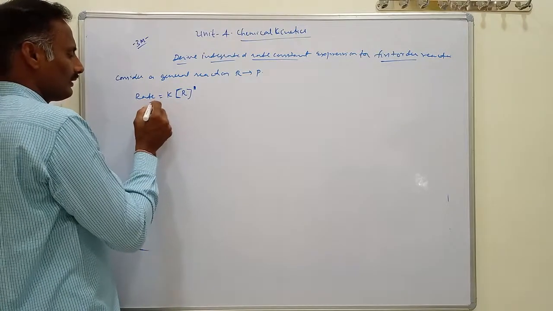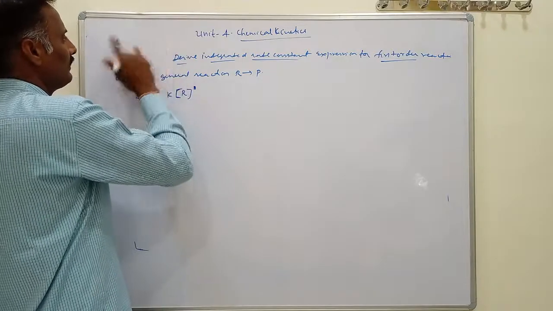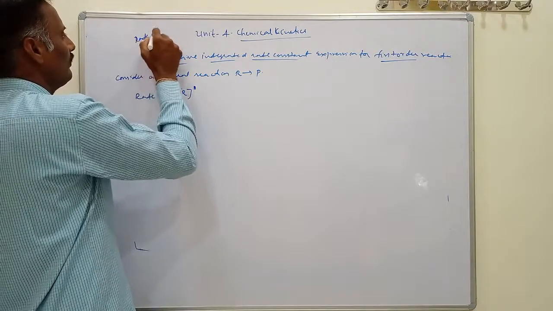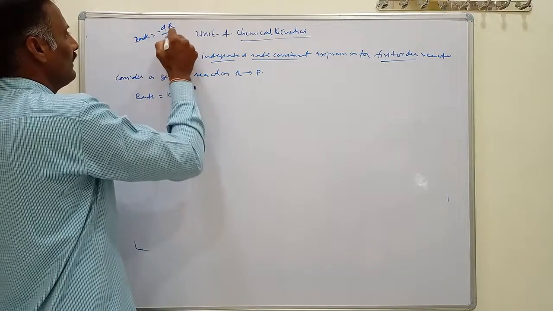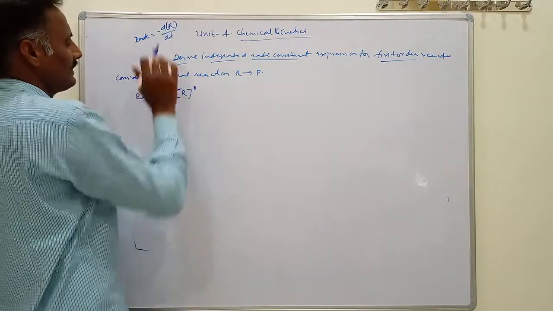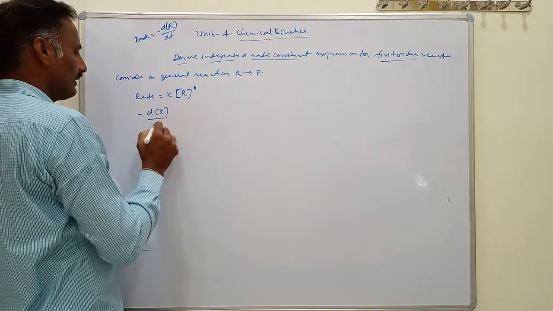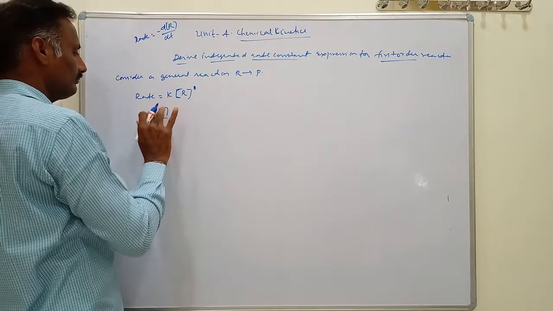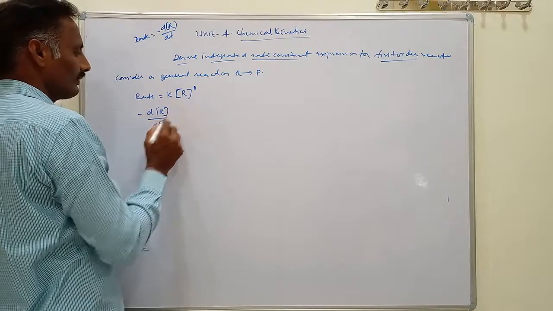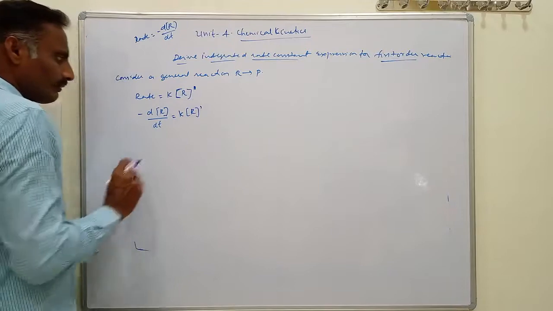Then what is the rate here? We know that rate can be written as rate equal to minus dR by dt. In place of rate, minus dR by dt equal to K into R, power is 1.